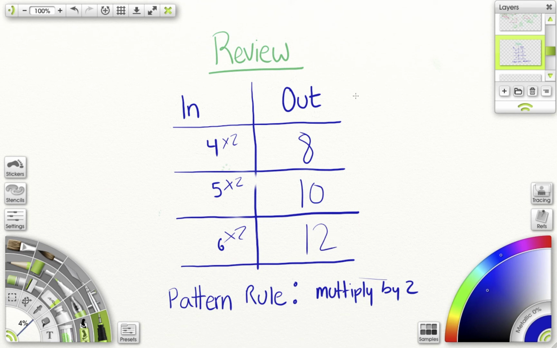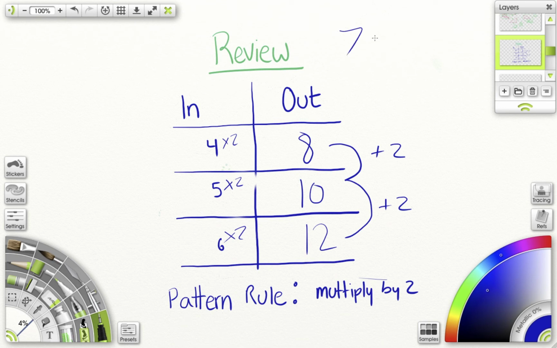Also, you'll notice that there's a bit of a pattern going on with our output numbers. They are increasing by 2 each time. That's kind of interesting, because what if I extend this? So what if I had the input of 7?